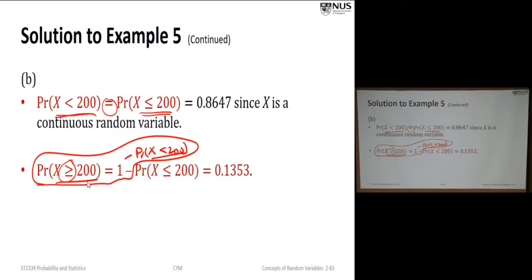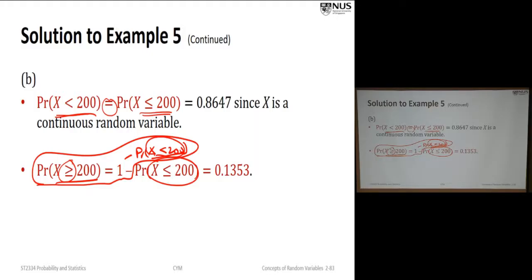But because x is a continuous random variable, these two events are not the same. One is less than 200. The other is less or equal to 200. But the probability of these two events are the same. Why? Because the probability of x equal to 200 for a continuous random variable is basically 0. So it doesn't matter. These two events have the same probability.